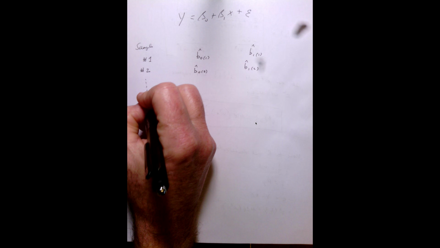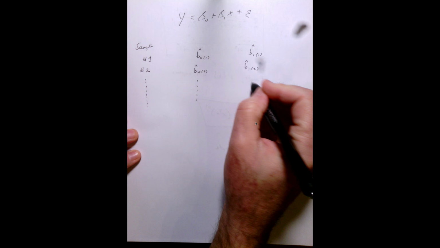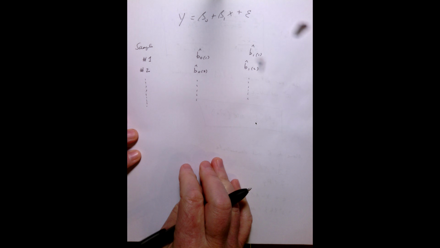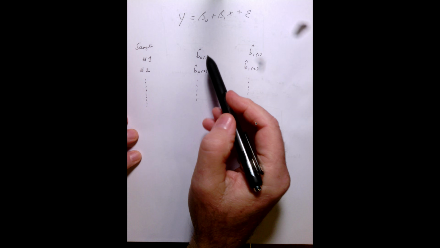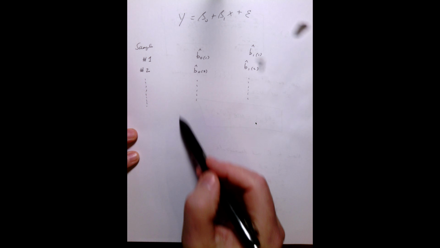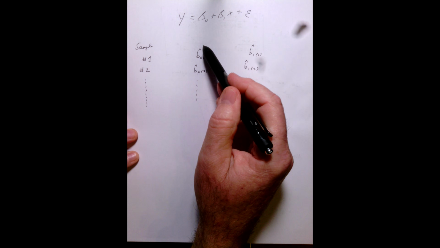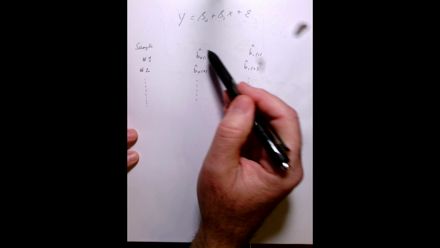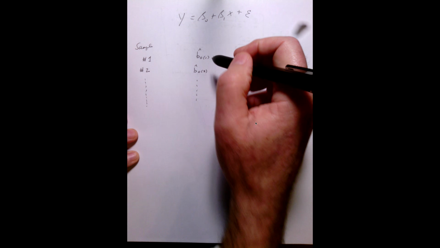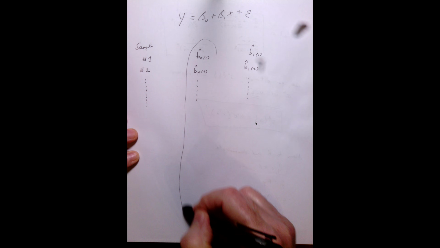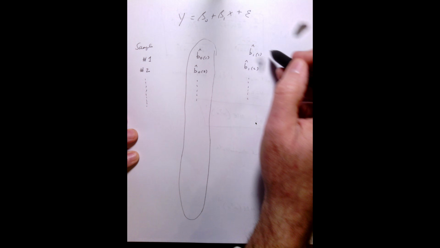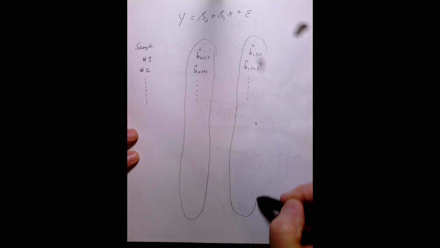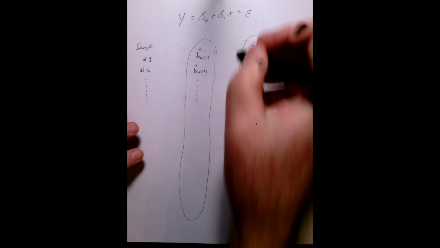Imagine doing this many times. So what we're going to have is not only a distribution of sample estimate intercepts, and a distribution of the estimates of the slope.